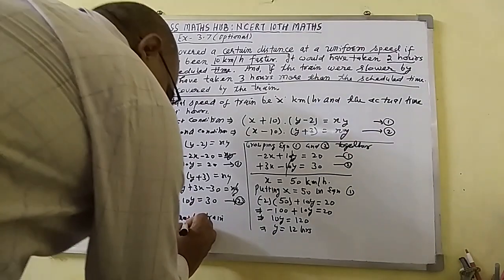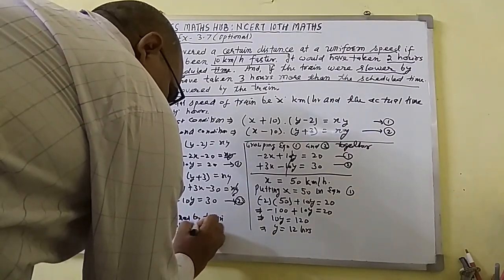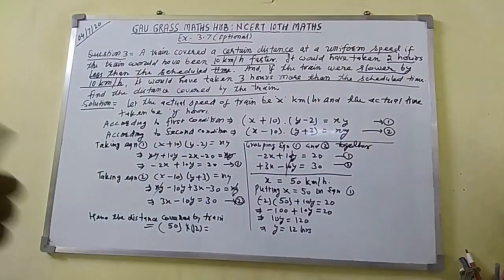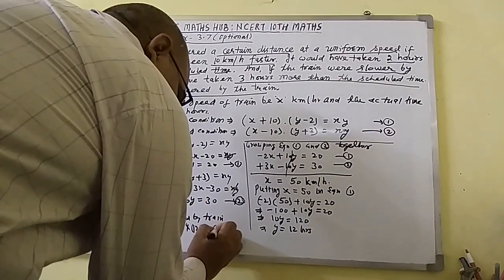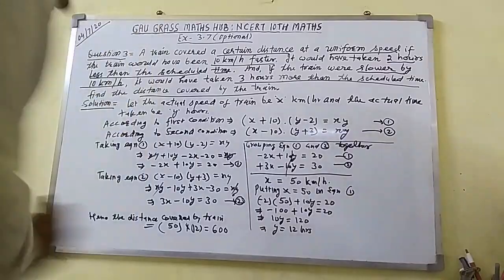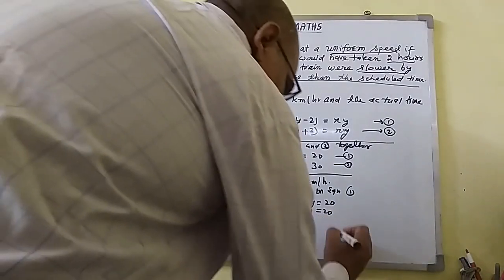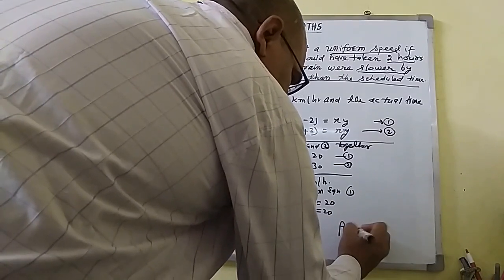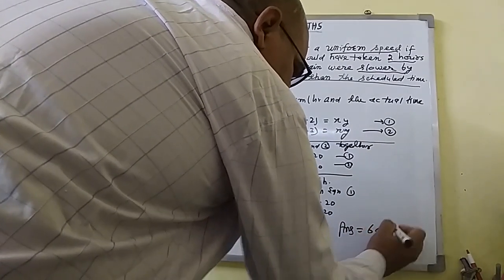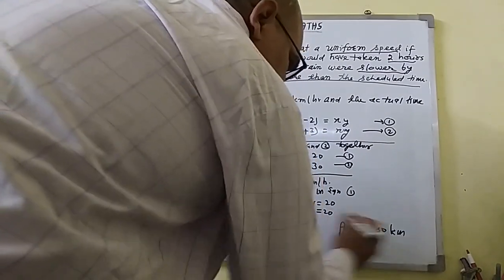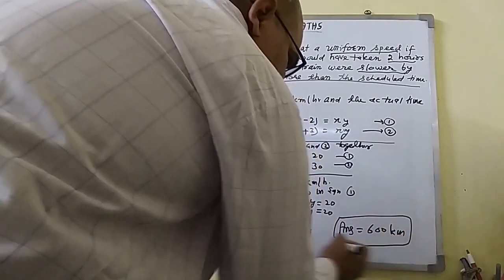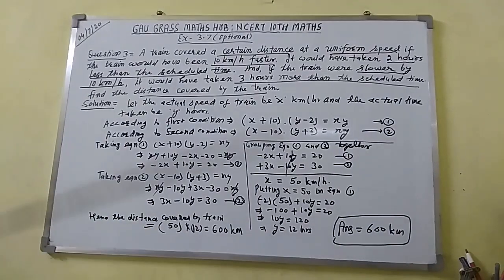Both will be multiplied together. So if you multiply both, you will get 600 kilometer. The answer will be 600 kilometer. This will be the correct answer which has been asked in the question. Okay guys, thanks.